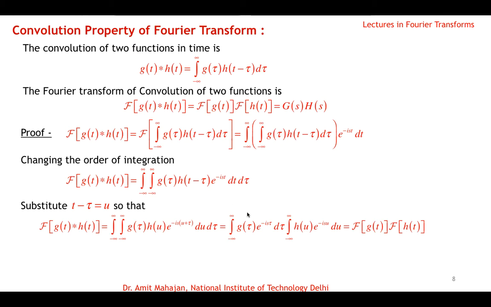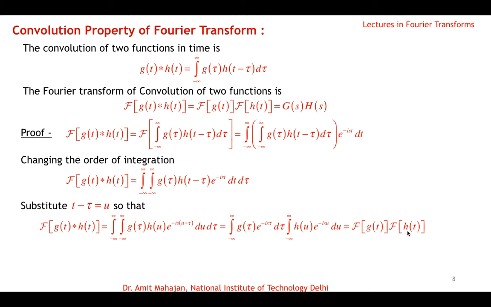And then we can rewrite this exponential, separating the u and tau variables. So these two integrals can be written as the product of the integral over tau and the integral over u. The first integral is the Fourier transform of the g function, and the second is the Fourier transform of the h function. So immediately we have the result that the Fourier transform of the convolution of two functions is the product of the Fourier transform of the first function and the Fourier transform of the second function.